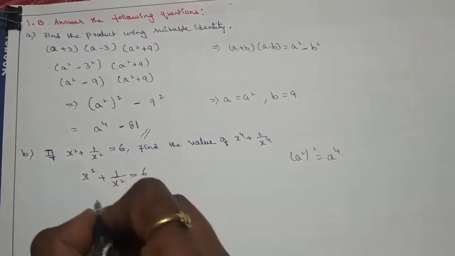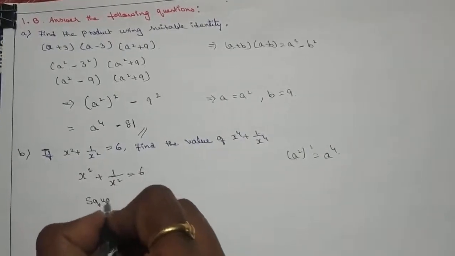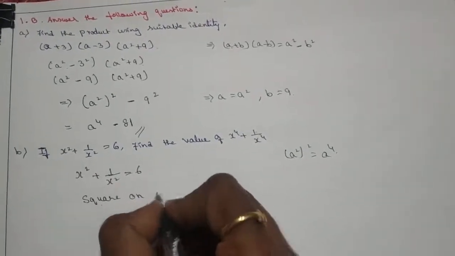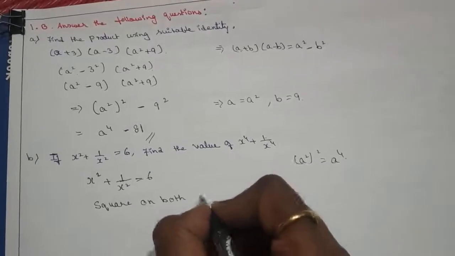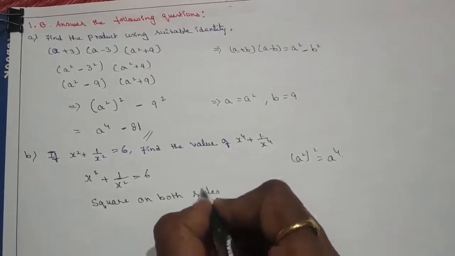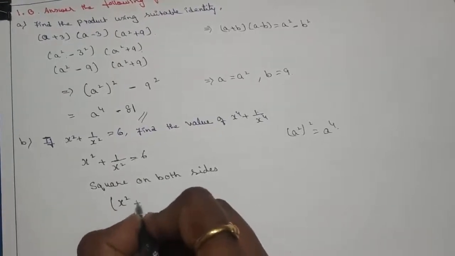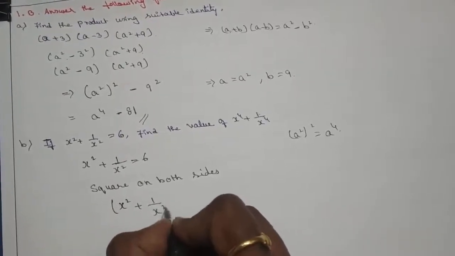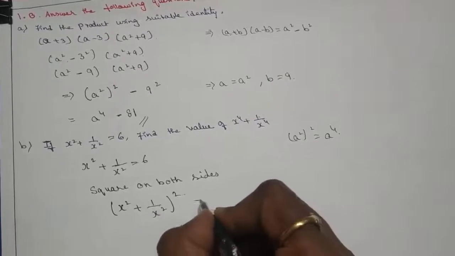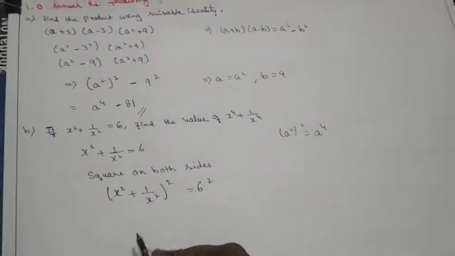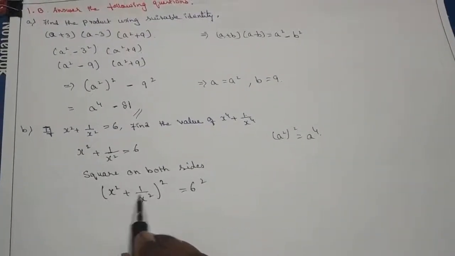For this, square on both sides. What will you get? So complete square you should make, children, not with the single term. So (x square plus 1 by x square) whole square equals 6 square. Is it in the form of (a plus b) whole square?